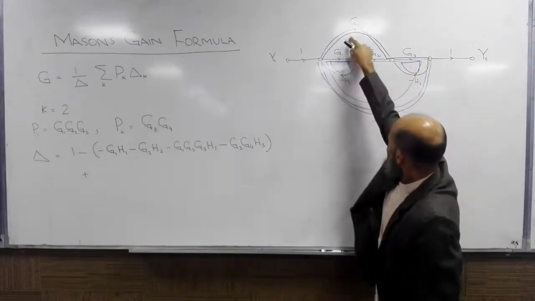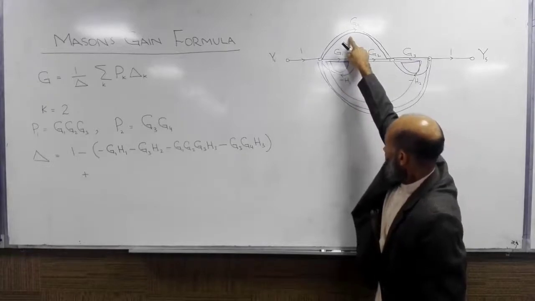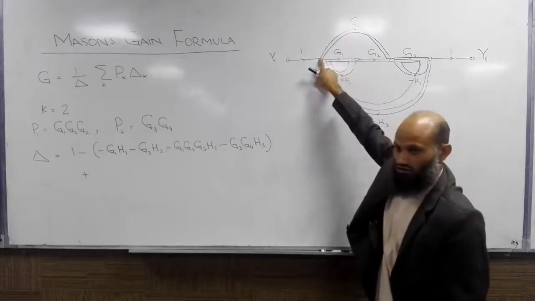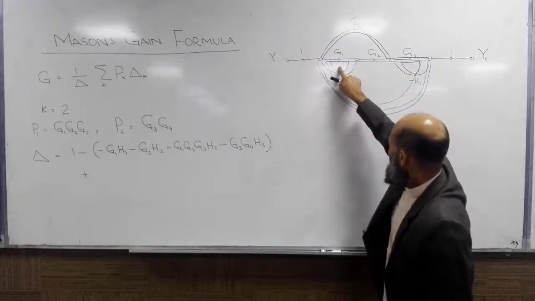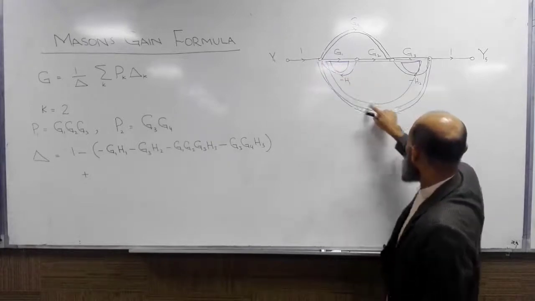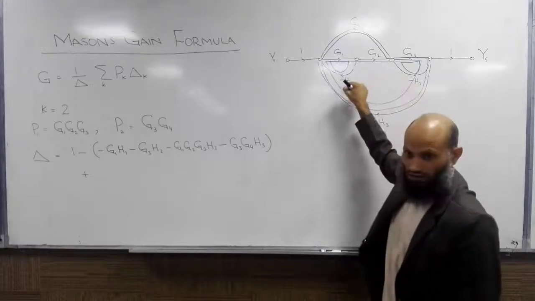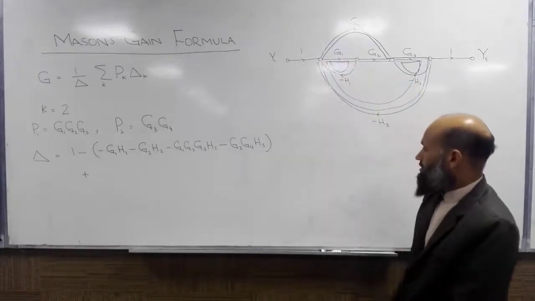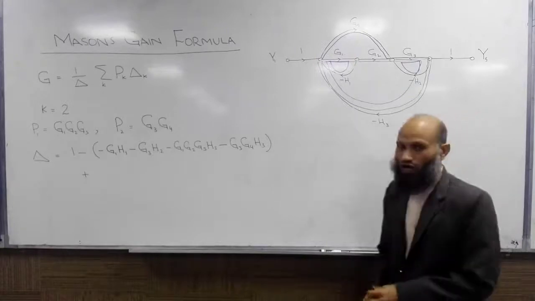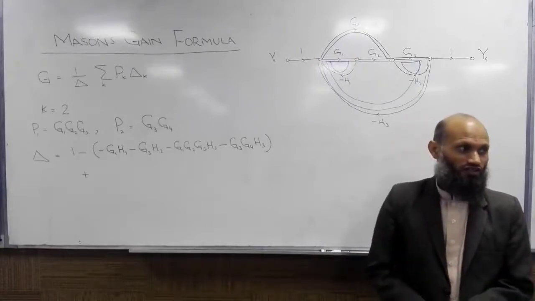And what about this and this? These are touching loops because this node is common between the 2 loops. Likewise, this one and this loop, these are also touching loops. This node and this node is common between the 2. So there is no other combination of non-touching loops.